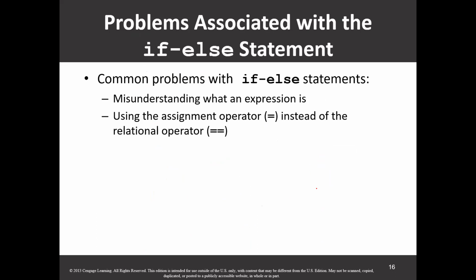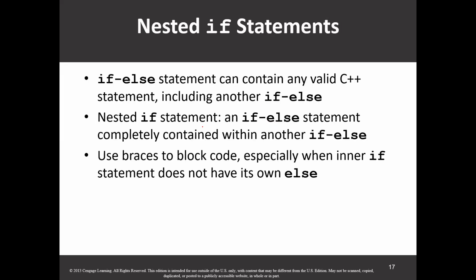Before we go to the if else, or what they call the if else chain, we're going to discuss one of the problems in if else statements: mixing up or misunderstanding the equal sign, which is the assignment operation, and the equivalency. We already talked about this a lot. I think that's enough.